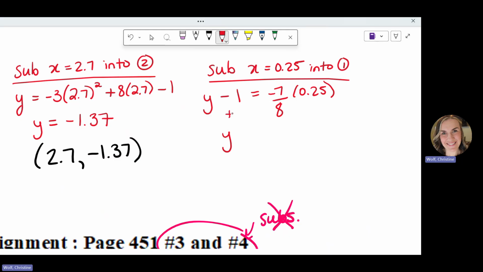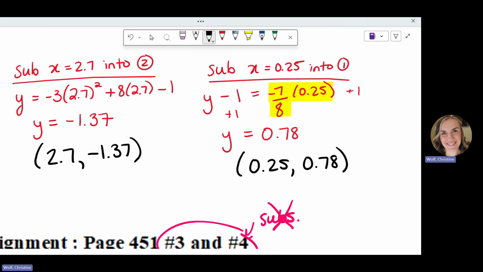Okay, I do have to add 1 to both sides. So I would have y equals. Now, just do this on your calculator. Go negative 7 divided by 8. Get that answer, times it by 0.25, and then add 1, and you should get a final answer of about 0.78. So my final answer here is 0.25 and 0.78. Slap those in a solution set and call it a day.